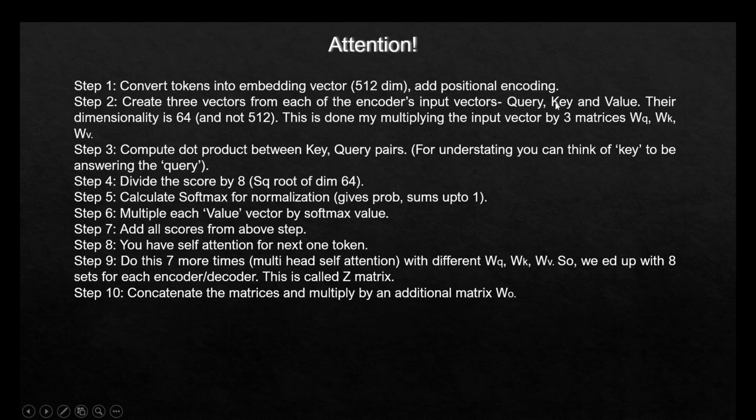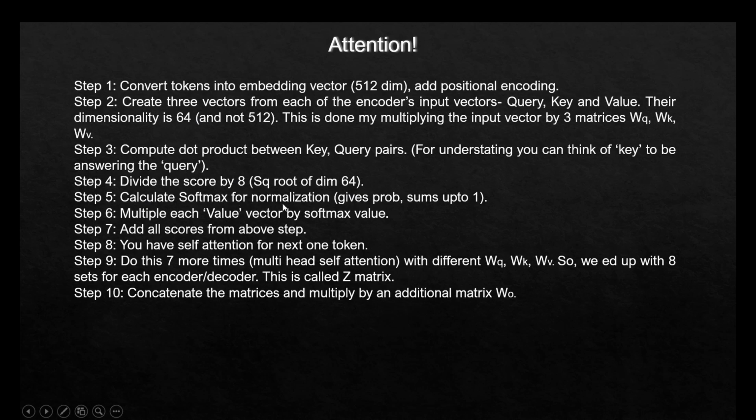This computes the similarity, that is, how important each key is to a query. You can think of a key as answering the query vector, and the dot product reflects that similarity. After you've computed that, you divide it by 8. Why 8? Because it's the square root of 64, which is the dimensionality. We'll get into more detail, just hang on.